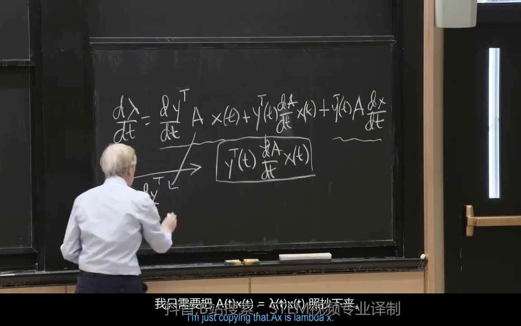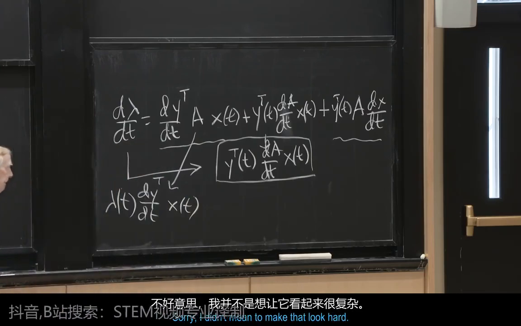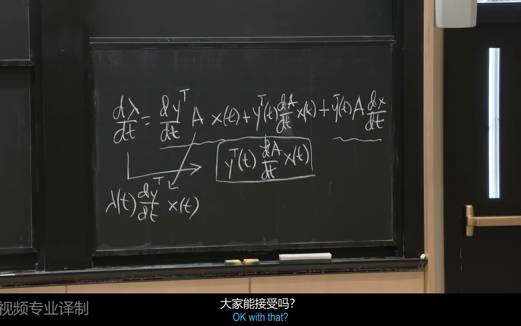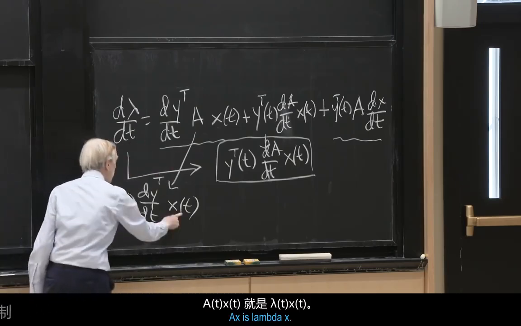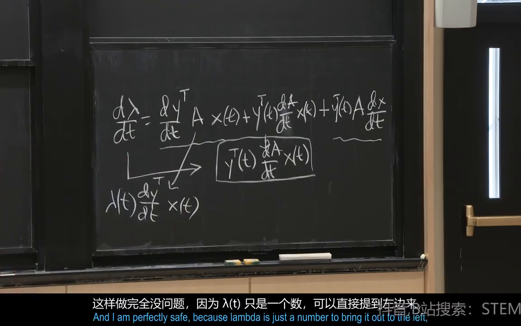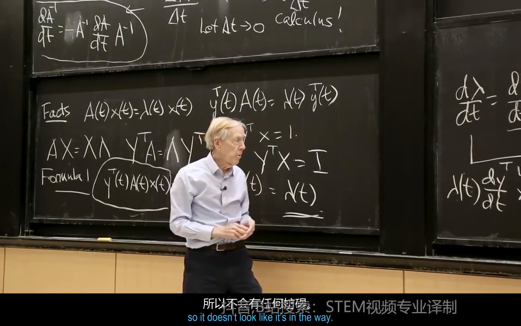A x is lambda x. Sorry, I didn't mean to make that look hard. You okay with that? A x is lambda x, and I am perfectly safe because lambda is just a number, so I bring it out to the left so it doesn't look like it's in the way.